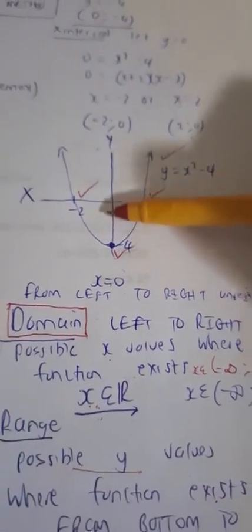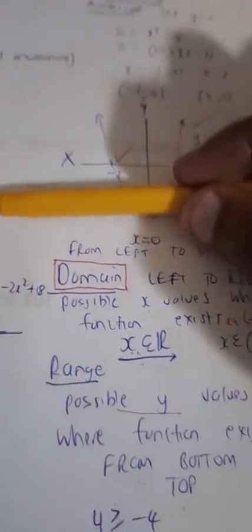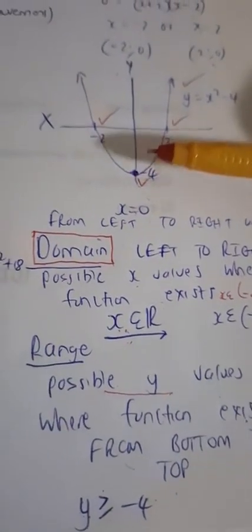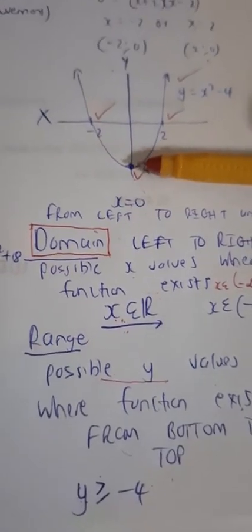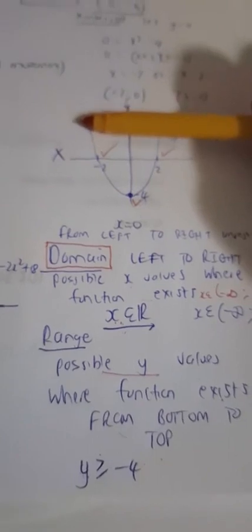So we say y is greater than -4. It has to be above -4, but also it's equal, because the function does touch or exist at -4. So it's very important to say y is greater than or equal to -4.